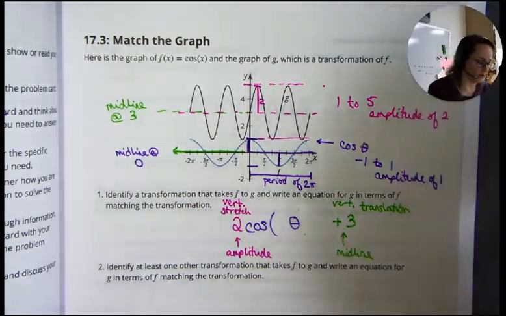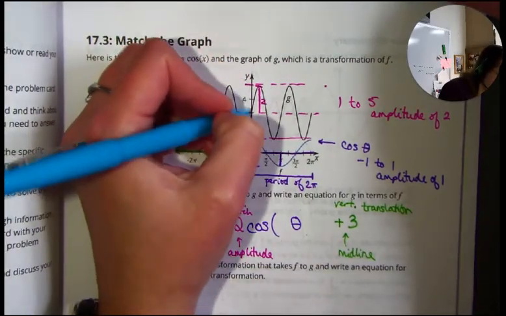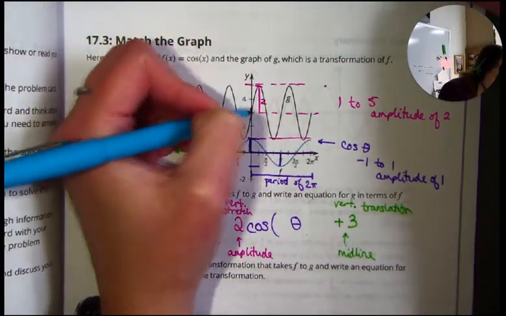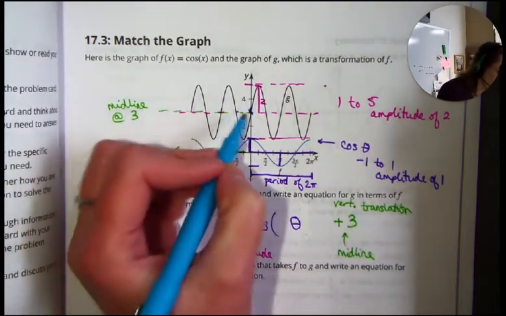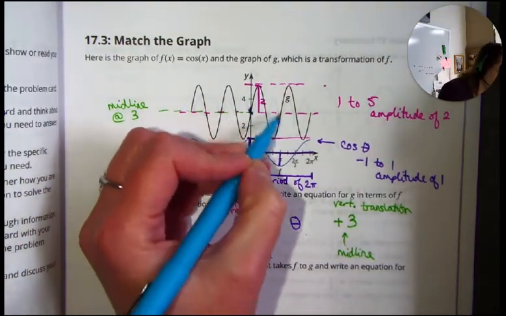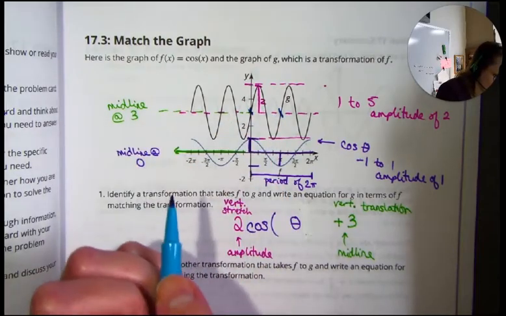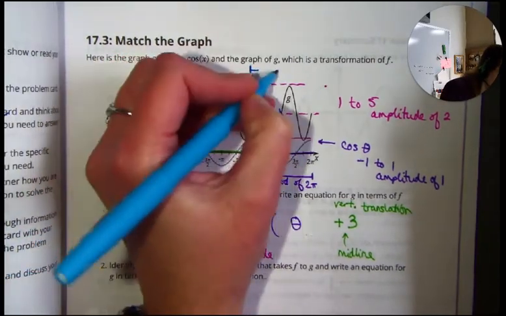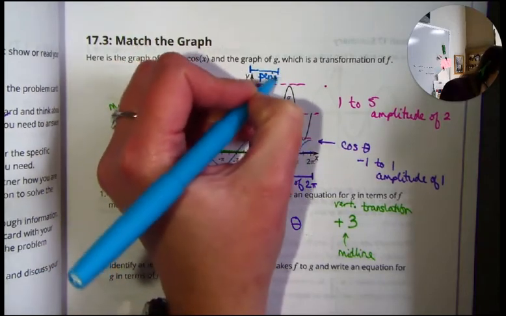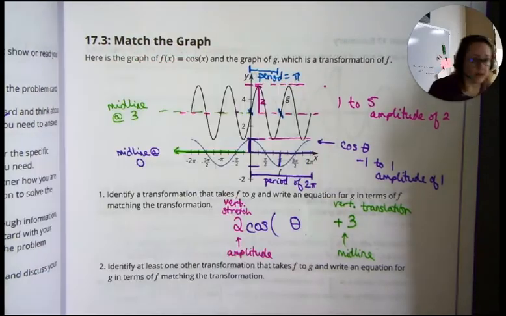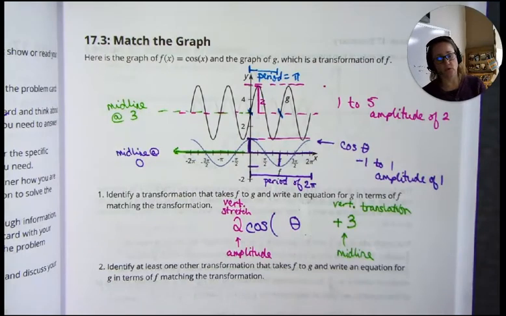My new graph, switching to blue here, starts here, right at the midline, and doesn't start repeating again until here. So this one has a period of pi. Okay, so we've changed the period.